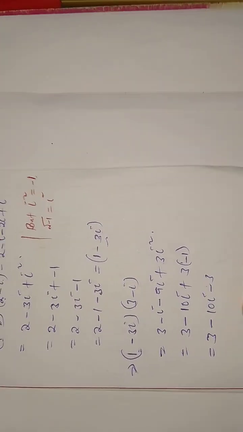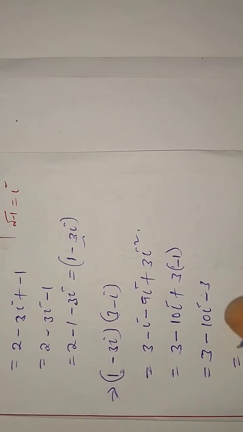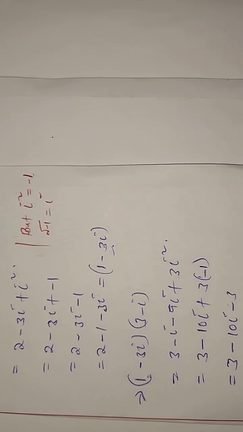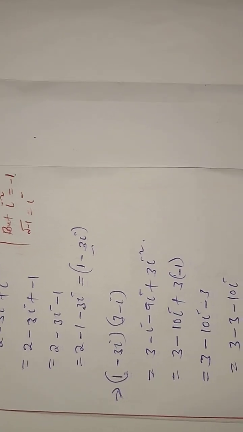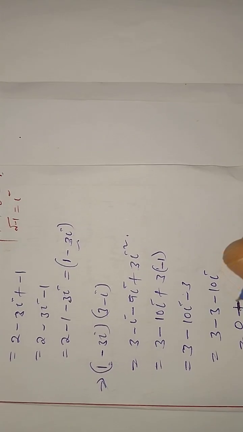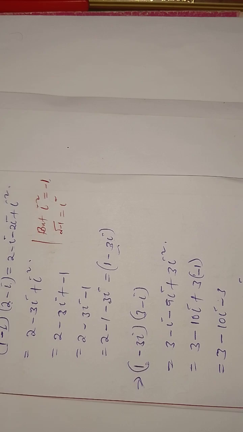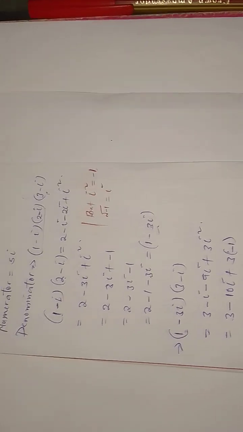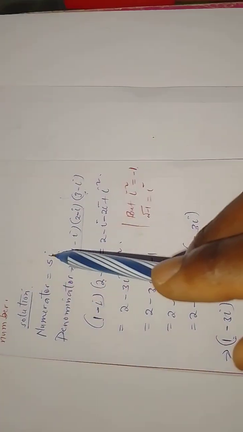Collecting like terms, 3 minus 3 is 0, so we have negative 10i. This is the denominator.